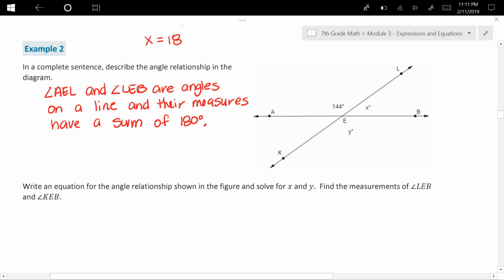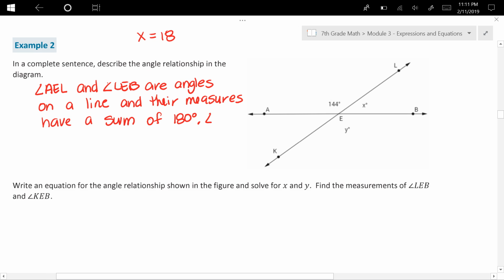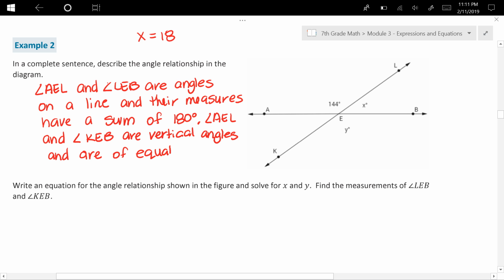We can also say that angle AEL and angle KEB are vertical angles and are of equal measurement.